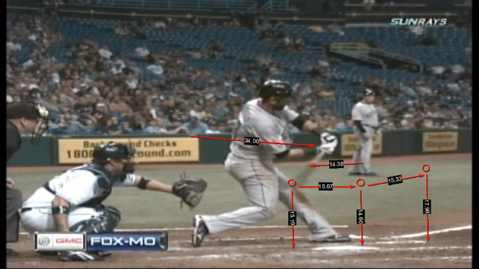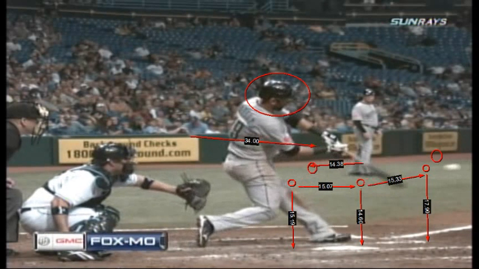His perceived velocity would be very wrong. The effective velocity would still be the same. You would still have to make contact way out in front, and he's making contact way back here. So those two different types of speed don't match up. What he thinks the speed is and what the speed actually is are two different things.